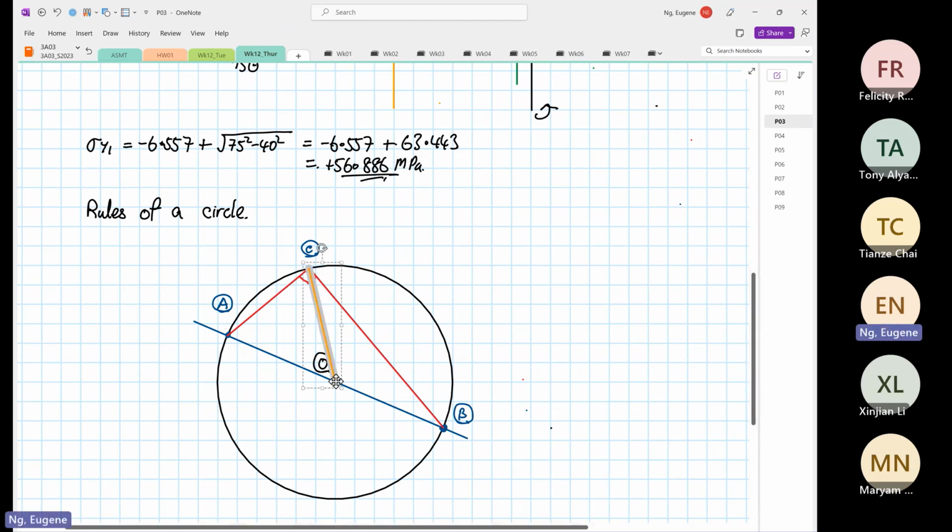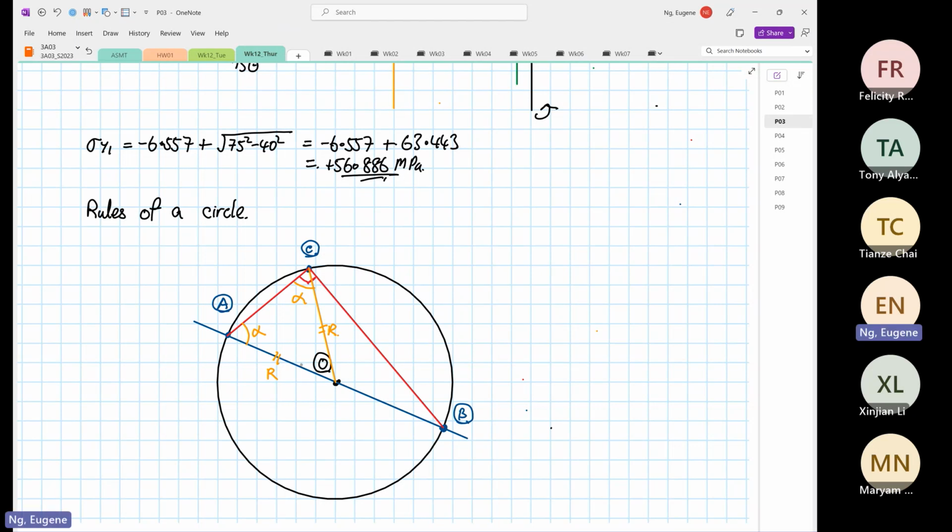Point C to point O. So if this angle over here is known as alpha, because they share the same radius, this angle over here is also equal to alpha.